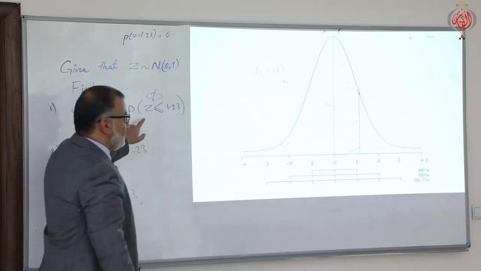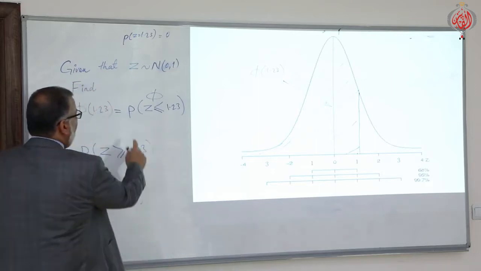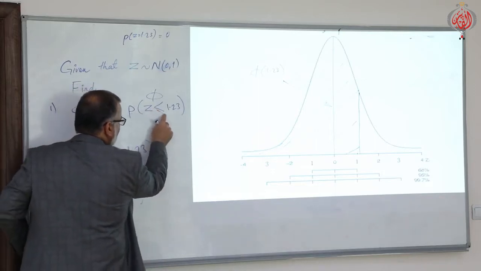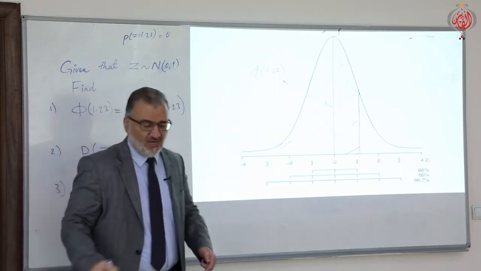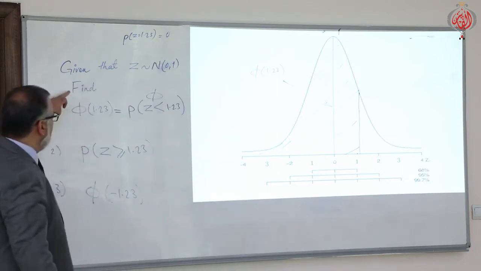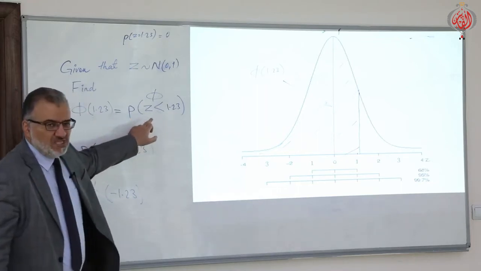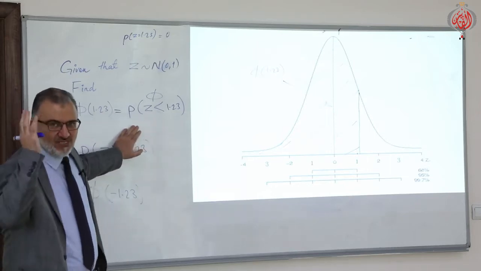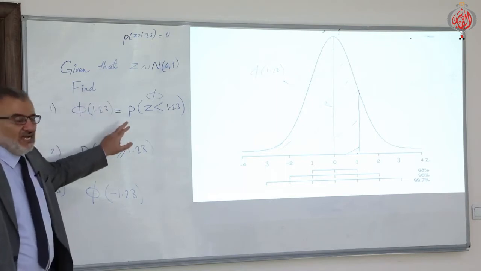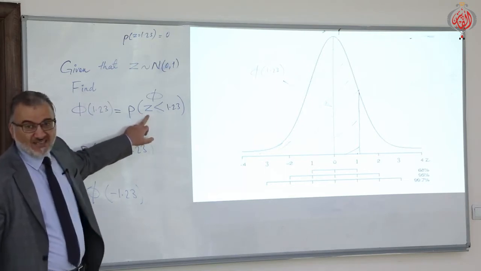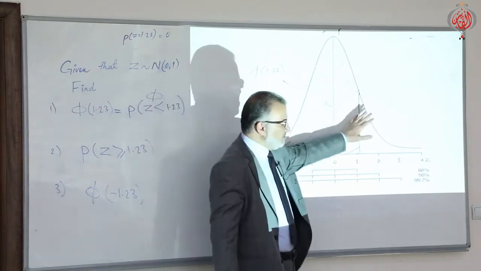That's why in the normal distribution, for continuous random variables, when we deal with probability, whether I put equals or not, with less than or more than, there is no effect. Okay, let's return to the question. Find phi 1.23. This is equivalent to that statement, even without writing it, but you have to understand. If I ask you to find phi 1.23, it means find the probability that Z is less than 1.23. And this is the meaning in the normal distribution curve.